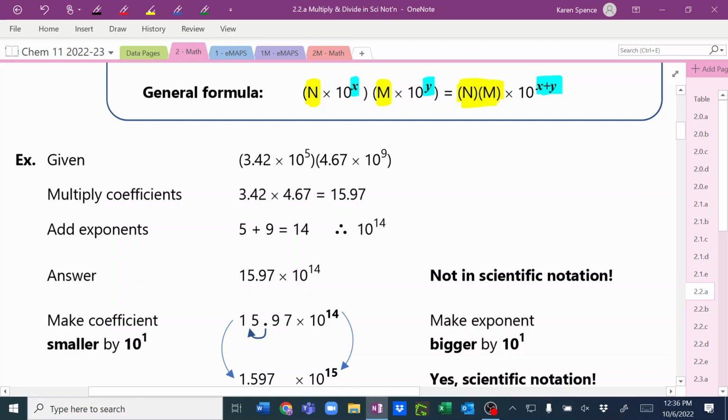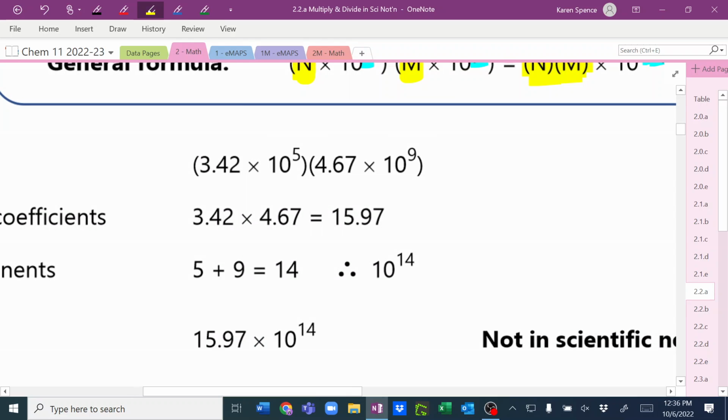Okay, so if we have our numbers here, 3.42 times 10 to the 5 times 4.67 times 10 to the 9, we take our coefficients and we multiply them and we get 15.97. So that's this part, right?